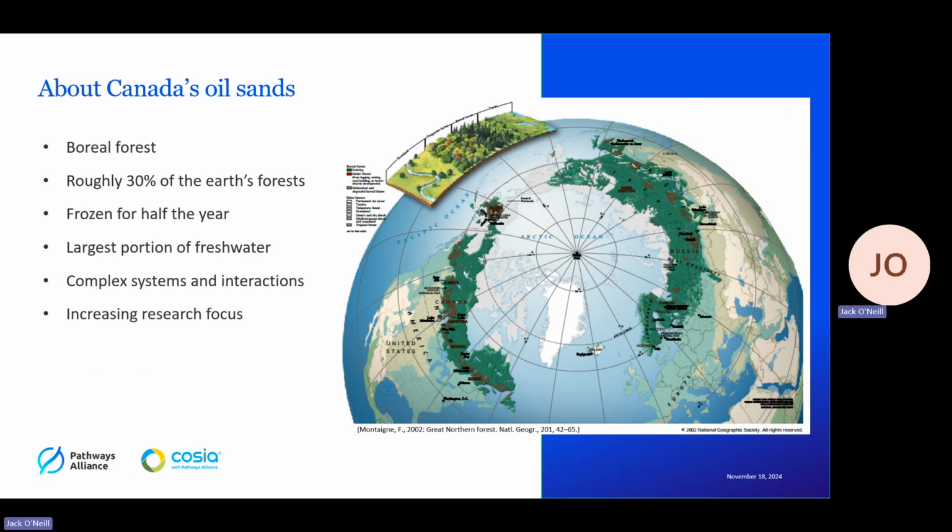It goes through mountainous areas. But increasingly, especially over the past 40 years or so, there's been more and more research being done to better understand the interactions and complexities of all the creatures and vegetation from the boreal forest.